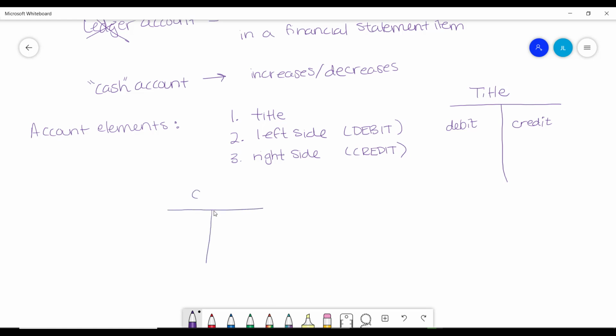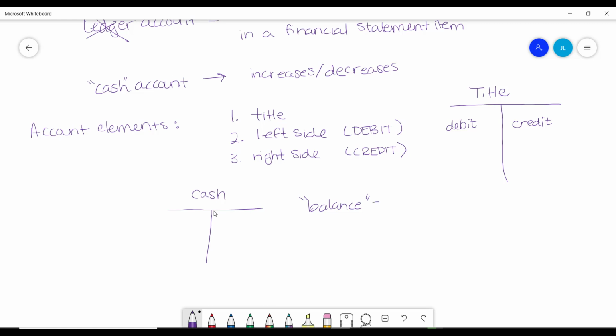So anytime, let's assume, for example, we're looking at the cash account. If we're talking about the balance in an account, the balance is simply the difference between the debit and credit entries in the account on each side.